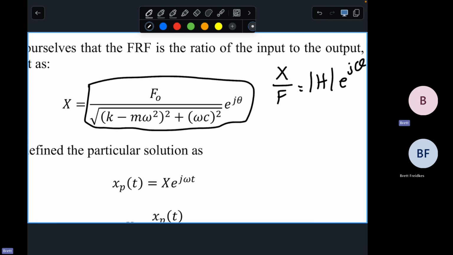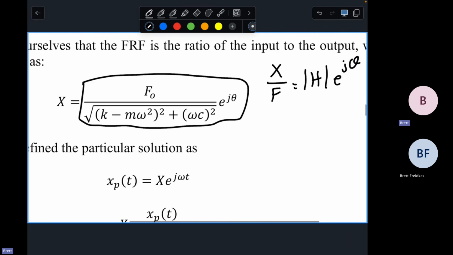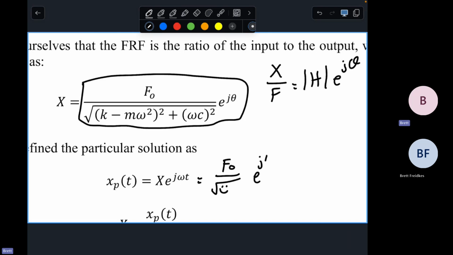We plug that in. The way I do this in the notes is backwards. It's right, but it's stupid. I'm going to fix it. I don't know what I was thinking last year. But this will be equal to this whole thing times e to the j theta, e to the j omega t.